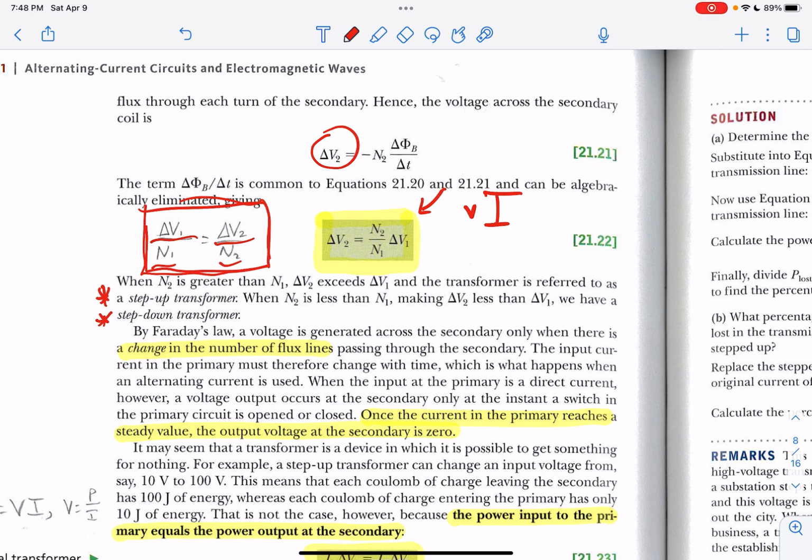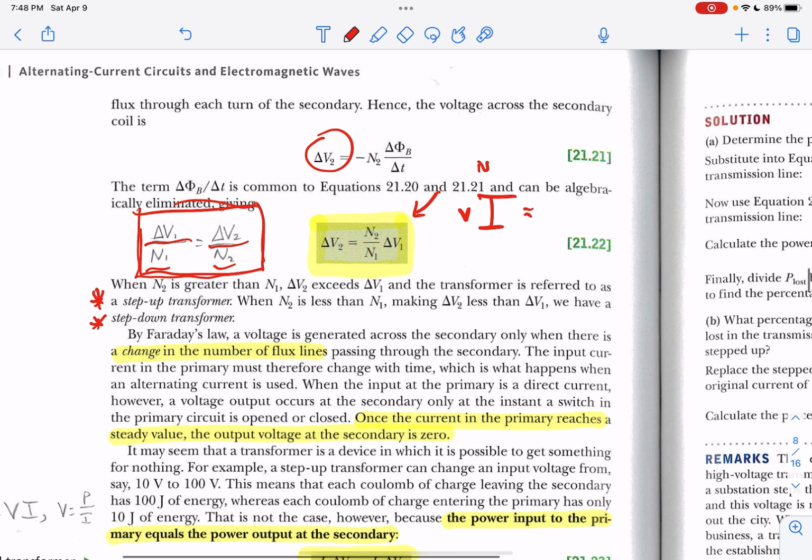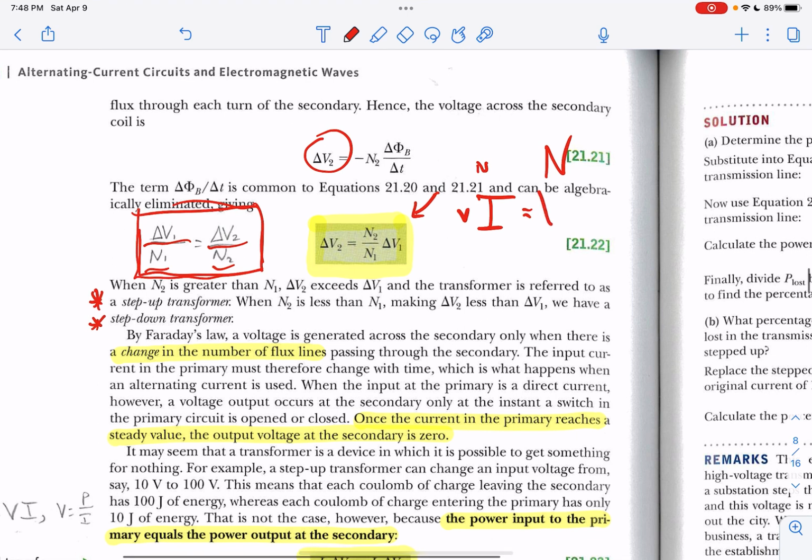And these transformers take the electricity produced by the generating plant with a small number of turns of wire, and they send it to the secondary, and the secondary would have a huge number of turns of wire, which greatly increases the voltage, but in the process reduces the current.